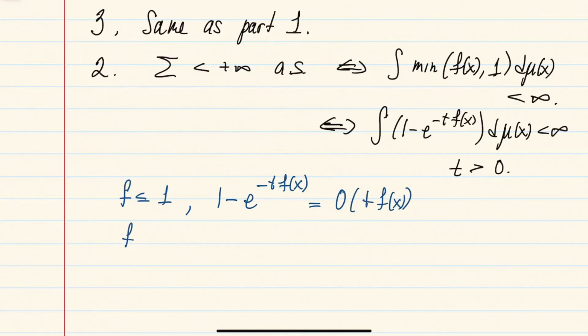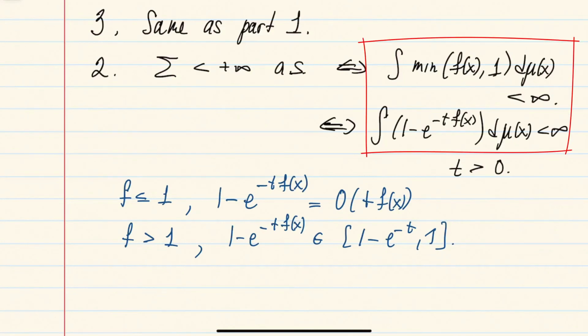And when f is bigger than 1, then this integrand is in between 1 minus e to the minus t and 1, so it's like a constant. So on both sets our integrands are equivalent, so both integrals either converge or diverge at the same time for any fixed t.